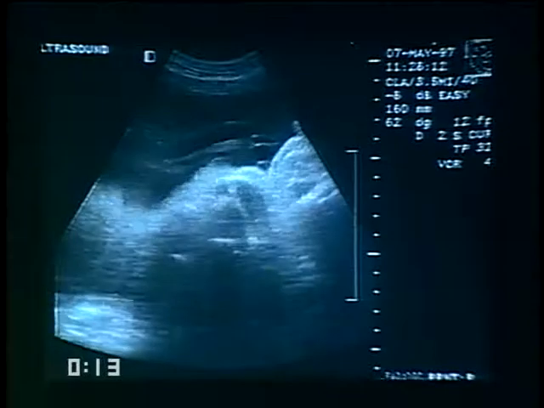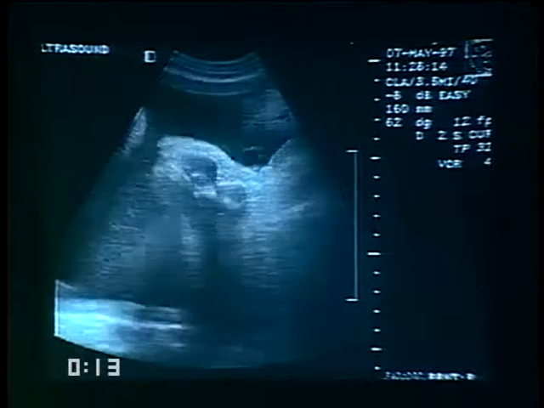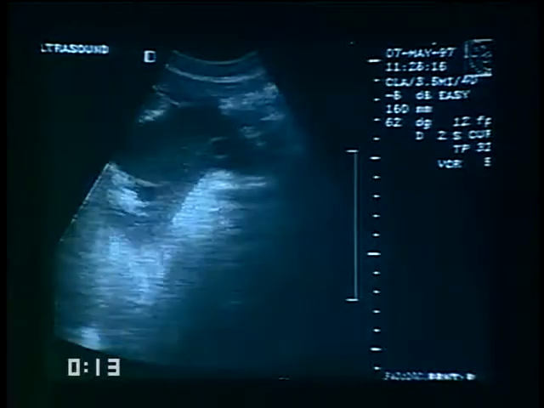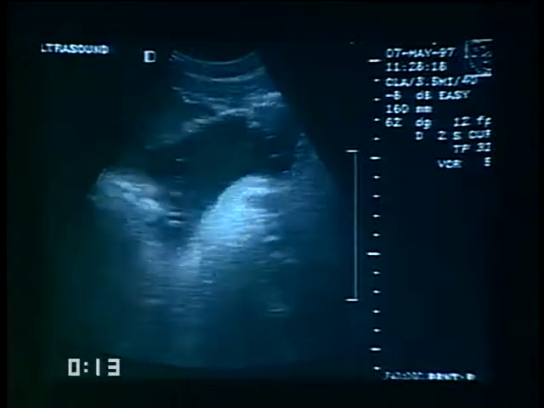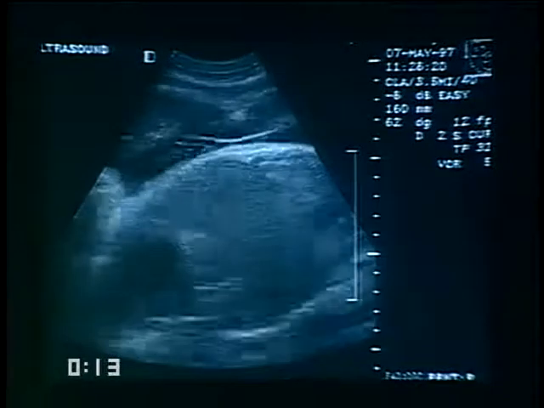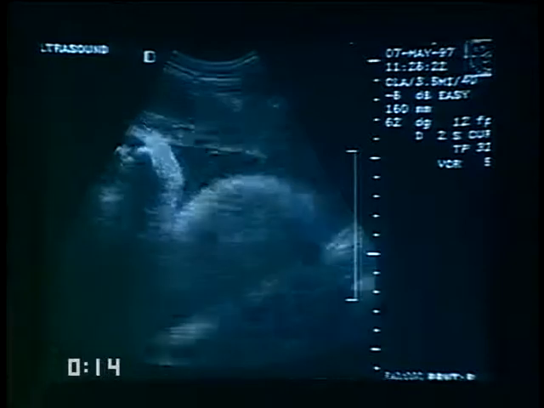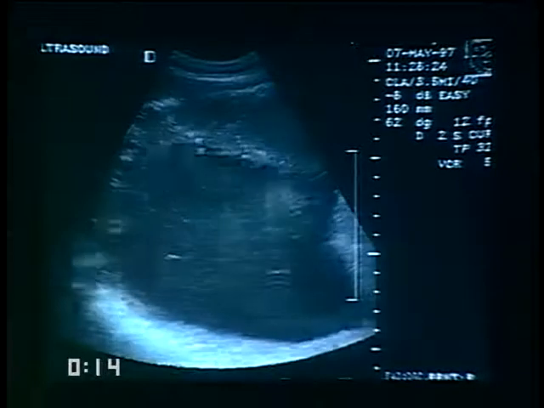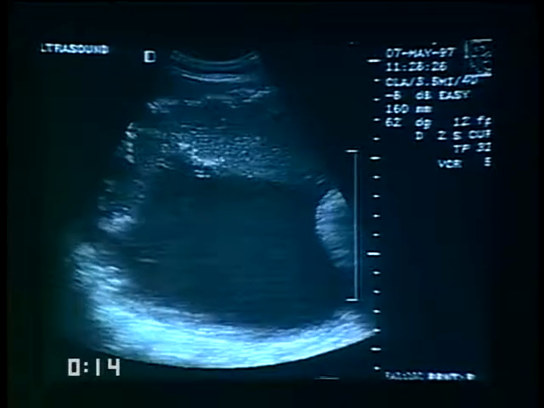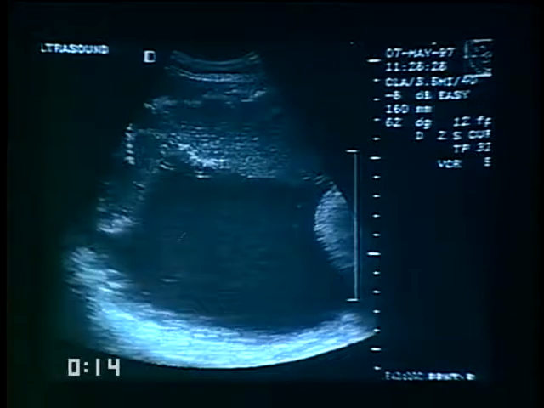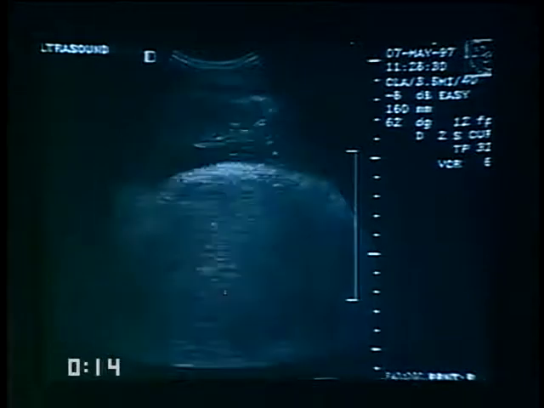The next one isn't necessarily considered an anomaly, but it's sort of on the range of normal variance on the bell curve. And we're looking at the amniotic fluid. You can see it's got diffuse internal echoes.